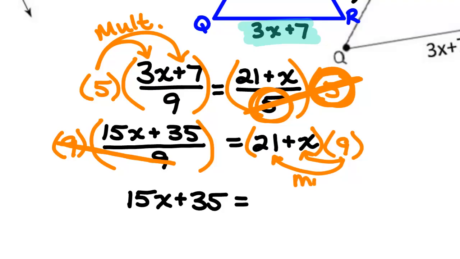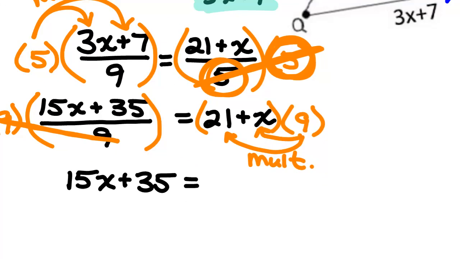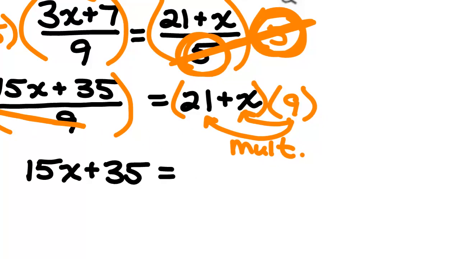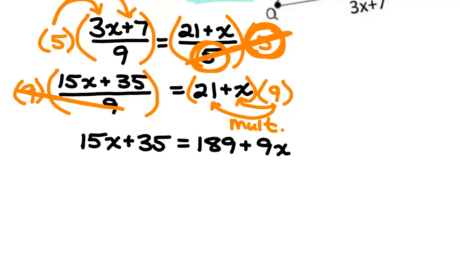This is why it's so important for you to put parentheses around everybody, because it's not 21 plus 9x. That would be absolutely incorrect and would lead to the wrong answer. You have to do 21 times 9, which is 189, plus x times 9, which would be 9x.